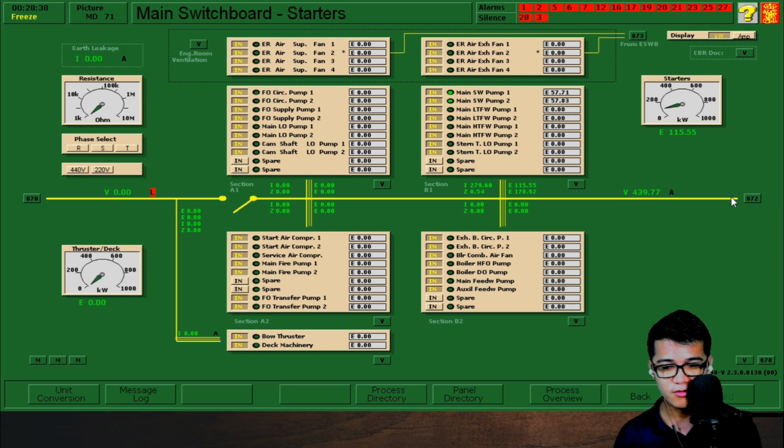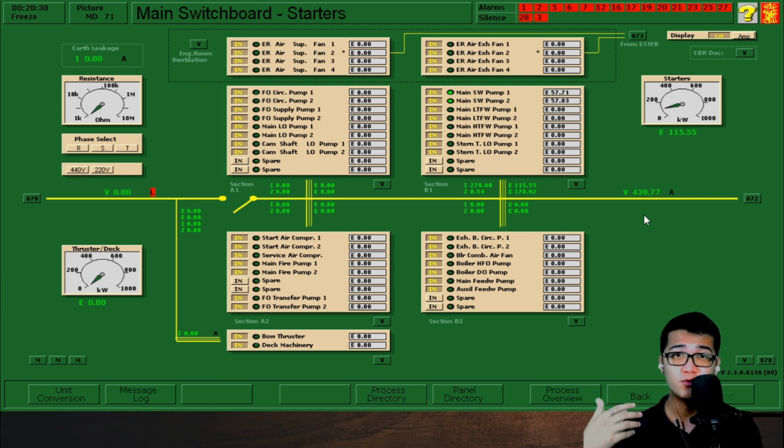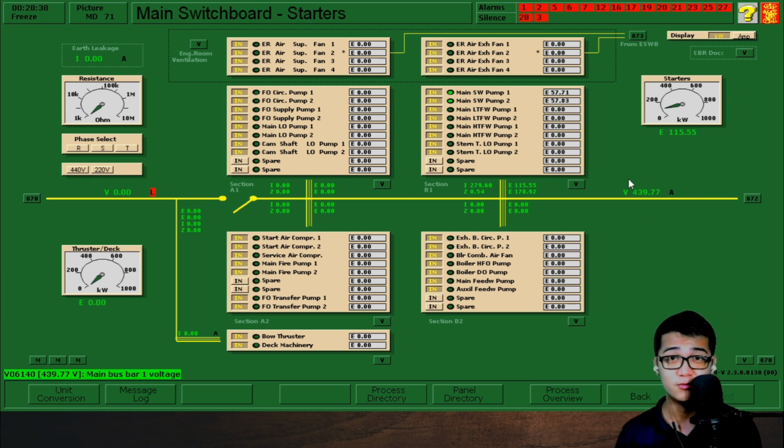We can see this line here. How do we know that this is our main bus bar 1? Because we said earlier that the feeders and starters take their supply from our main bus bar 1. So we have here our voltage once again. If we click on it, we can see that this is the main bus bar 1 voltage.